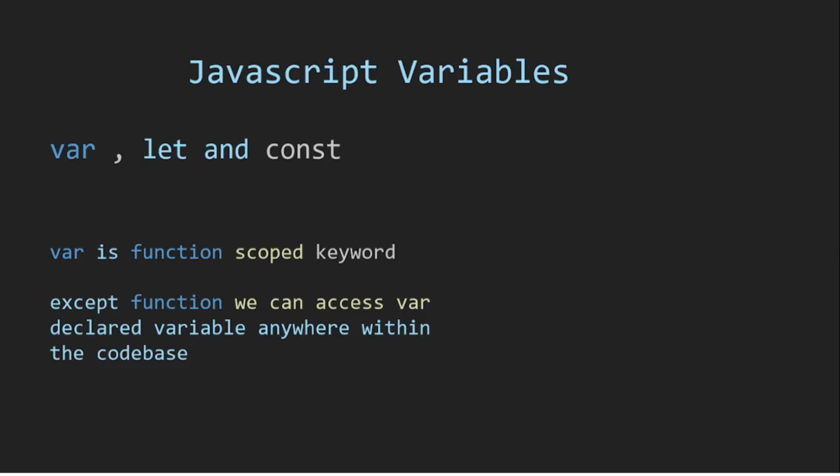In an if condition, while condition, or any other block of code that starts with a curly brace and ends with a curly brace, we can access that variable and use it anywhere in the code base.